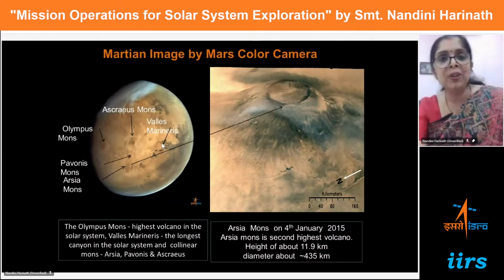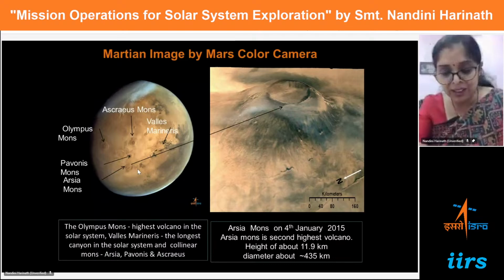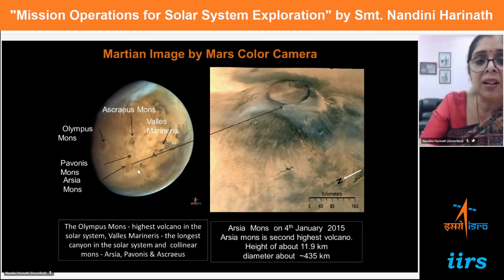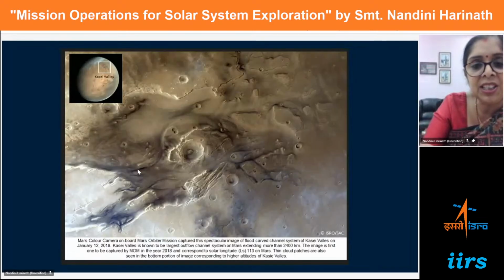The Mars orbit mission could also look at various volcanoes on the Martian surface. Olympus Mons is the highest volcano in the entire solar system. So these are some of the images. Let me just quickly brush past through these images that we have taken.